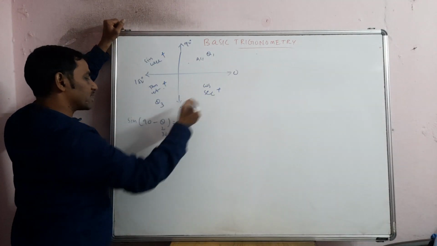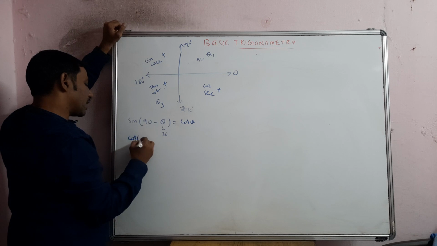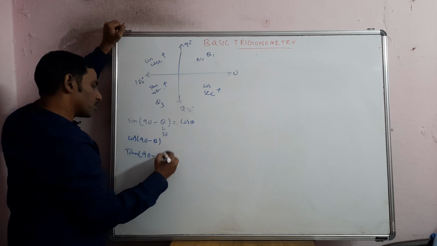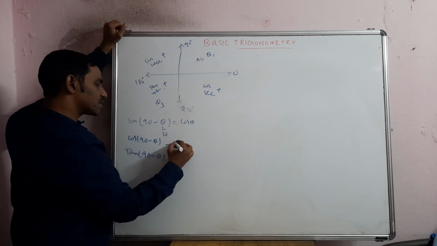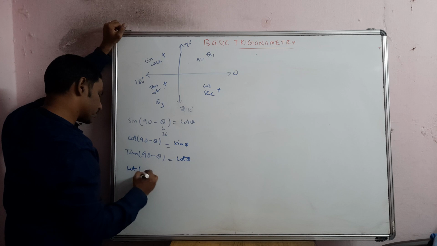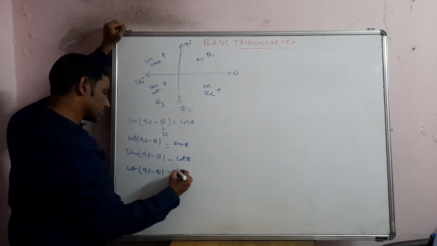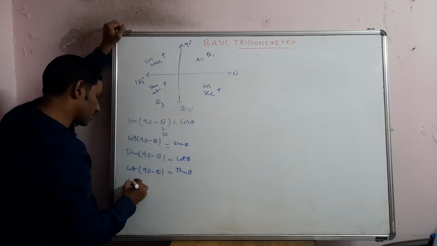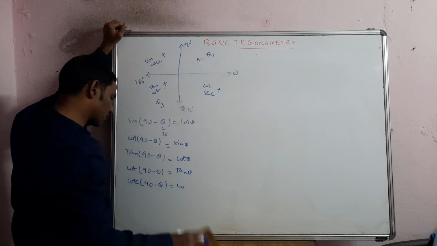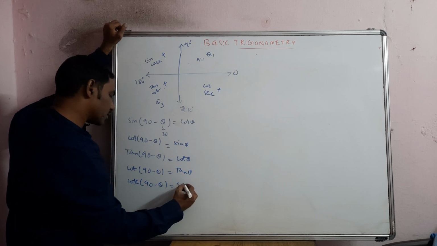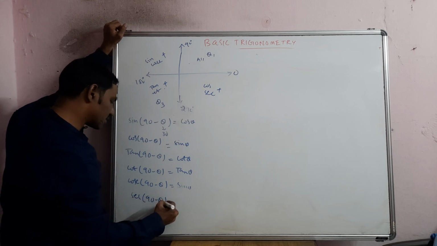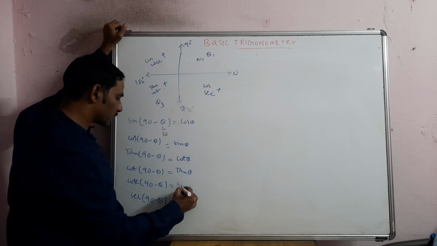Now all trigonometric ratios are positive, so when you write any angle like cos 90 minus theta, tan 90 minus theta, everything will be positive only, and cos will change to sin, tan will change to cot, and cot will change to tan, and cosec will change to sec, and sec will change to cosec.